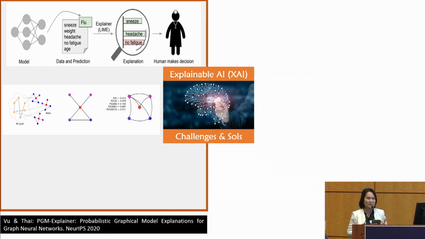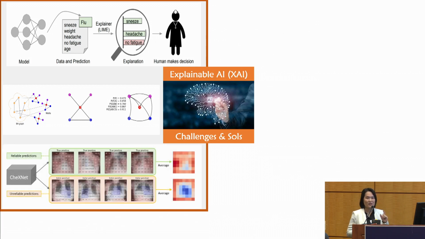Features are not independent. We need to say that this group of features appearing together means something, right? So then we have to show the correlation between the features using the PGM model. And now looking at features is not enough. We have to look deep into each neuron layer to see which neuron is important and critical to the machine learning prediction.